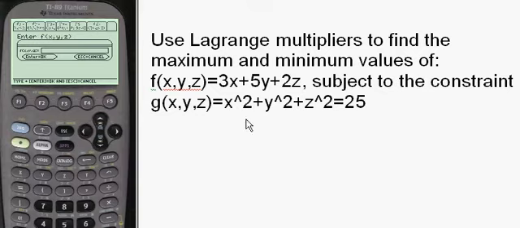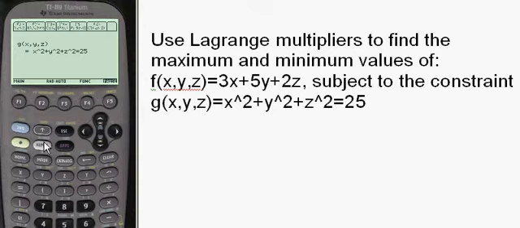And I've already entered these functions into the simulator here, but you're going to enter them yourself, by pressing alpha first and then putting in alpha x squared plus y squared plus z squared, and then equals 25.